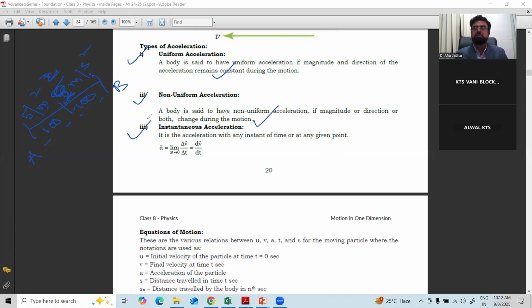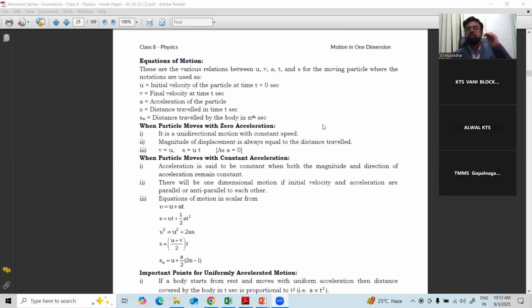Similarly, instantaneous acceleration: the acceleration of your vehicle at any time is called instantaneous acceleration. Already we discussed this for speed, and velocity also has the same types. So this is completely about acceleration and retardation. Acceleration is nothing but increasing of velocity with time, whereas deceleration is nothing but decreasing of velocity.